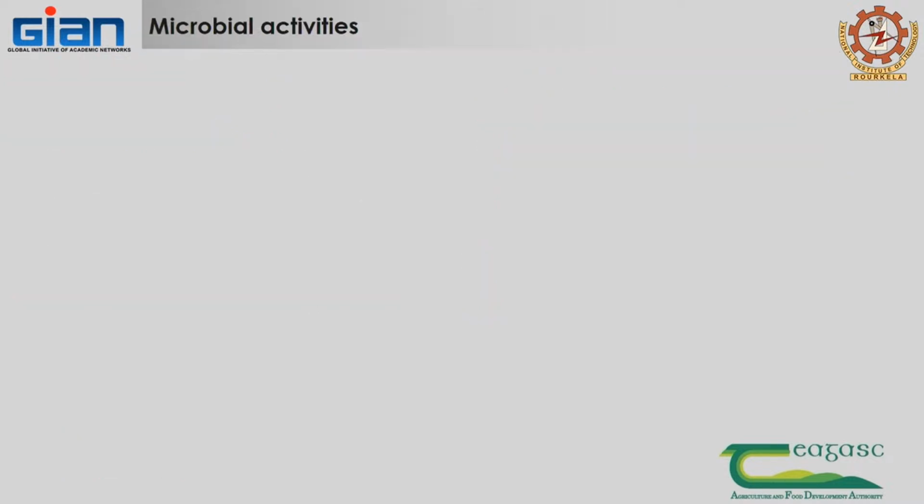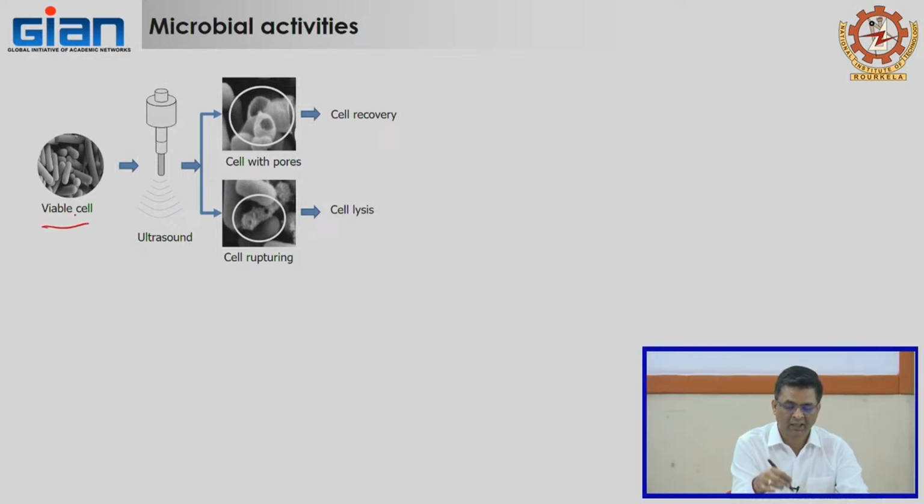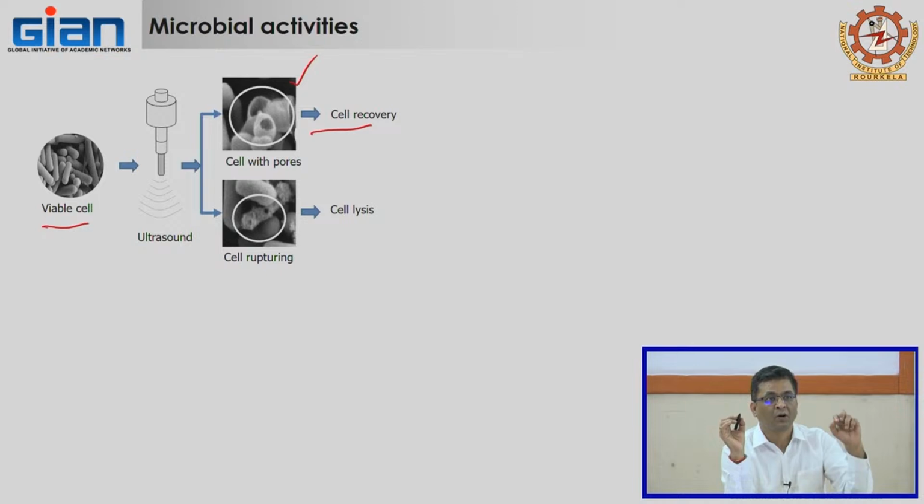Now microbial inactivation. This is the viable cell. When given ultrasound treatment, it causes pores on the surface. This cell is not dead. It causes pores and can improve its performance so that substrate can go into the cell faster and reactant can come out faster.